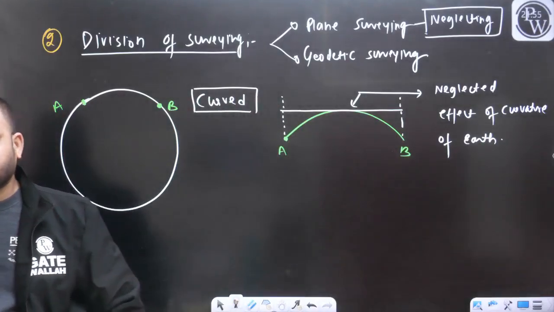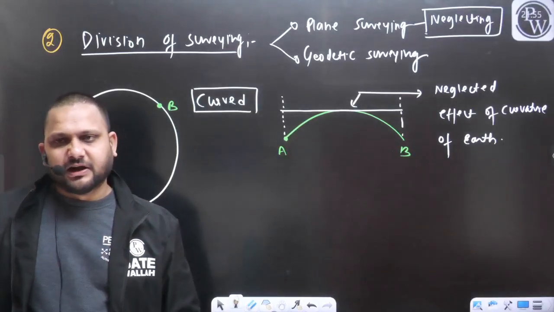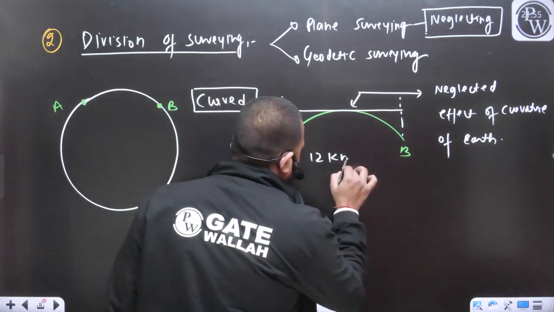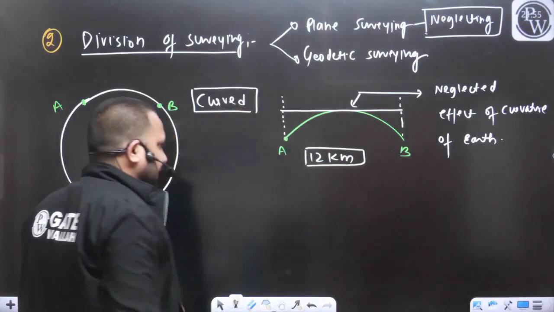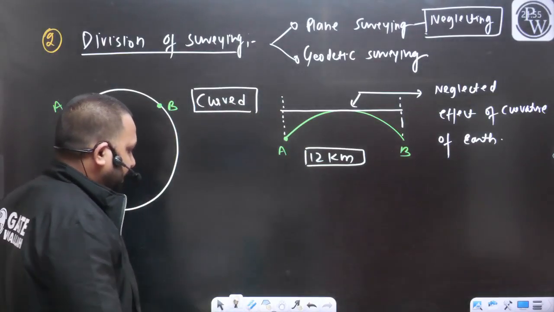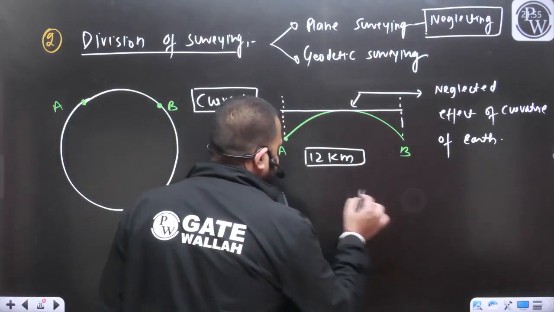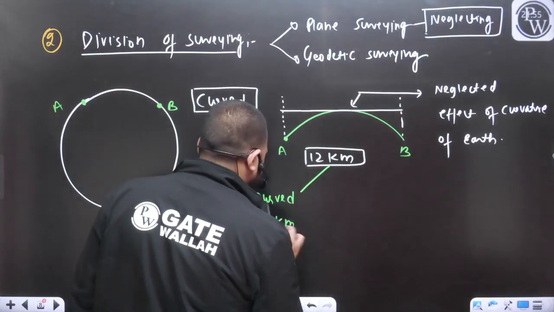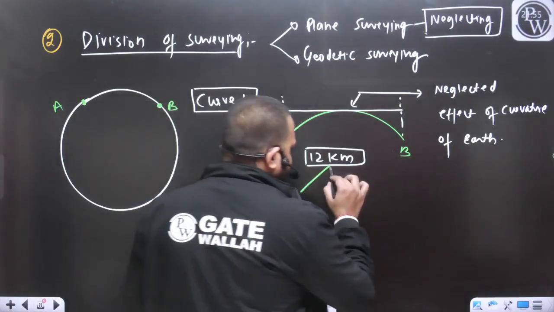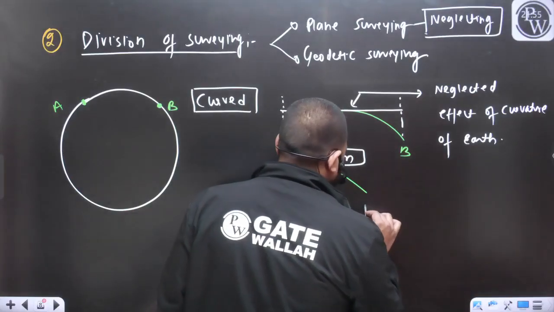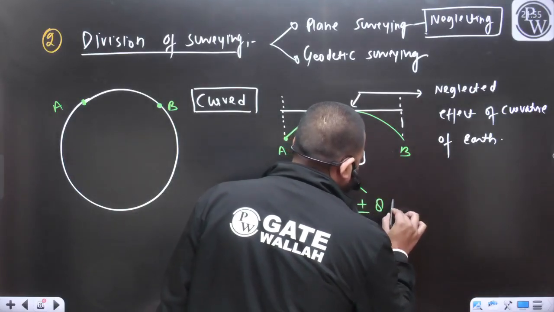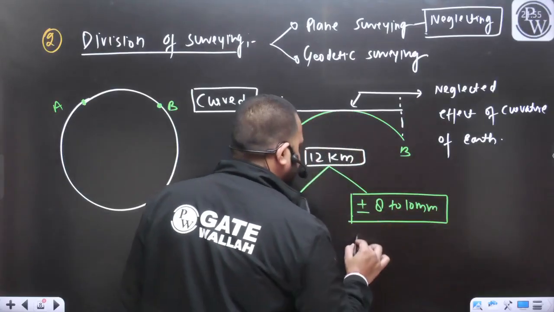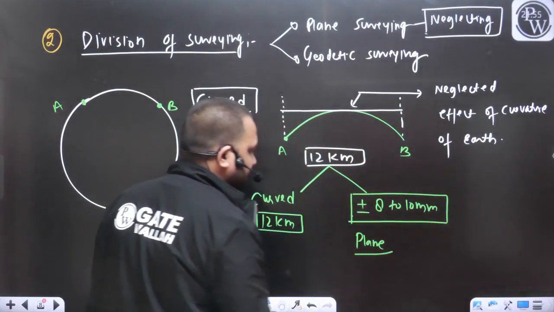Why? Because practically it has been observed up to the length of 12 kilometer, if you are measuring the curve distance and plane distance, you will get the variation of plus minus 8 to 10 mm when you are not considering the effect of the curvature of earth.